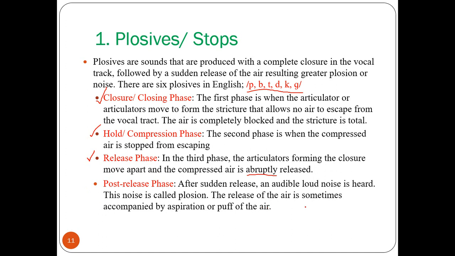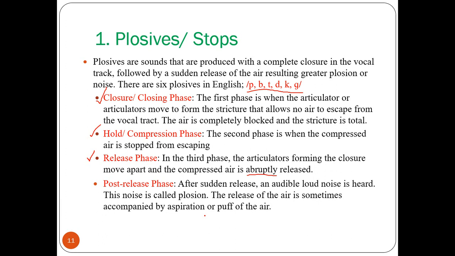The release of the air is sometimes accompanied by aspiration or a puff of air. You can just put a page, a paper, in front of your mouth, and utter any of these sounds, and you will find that there is a puff of air, there is greater explosion. You will see that the paper is shaken.